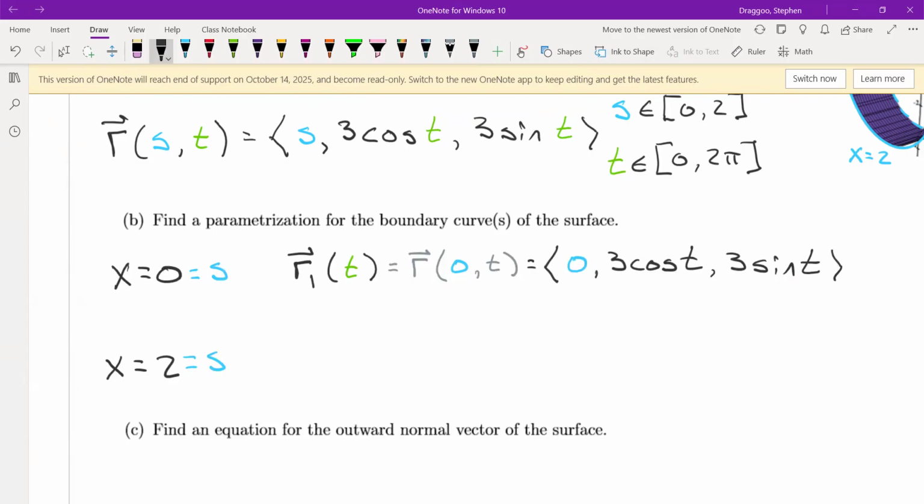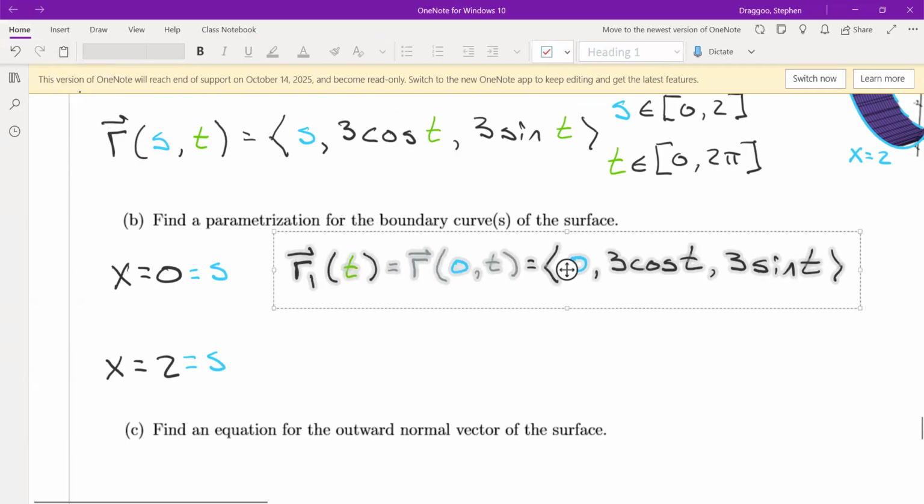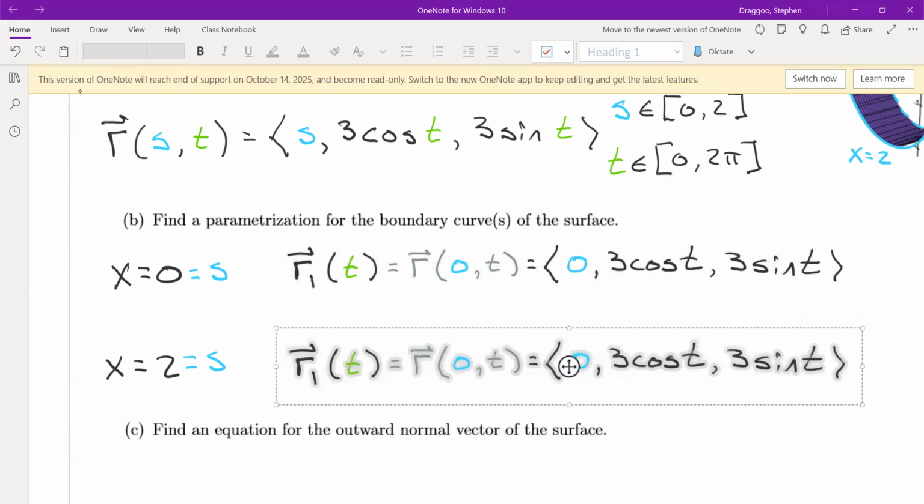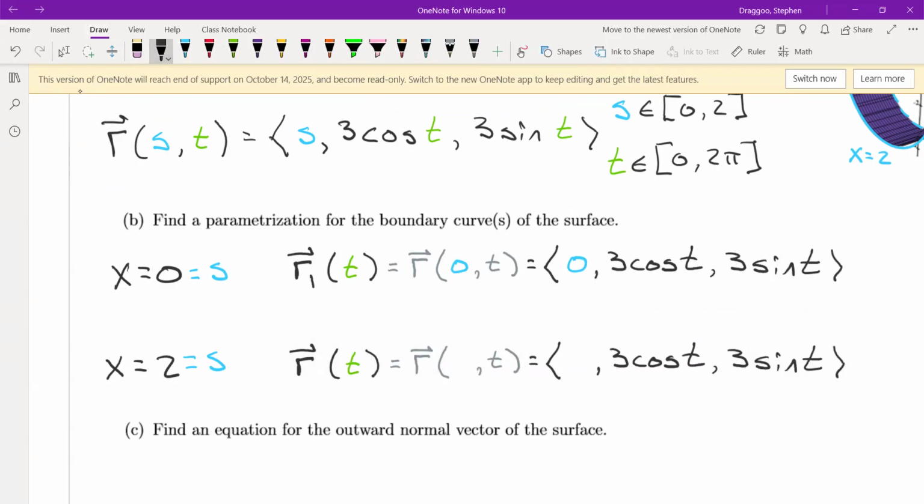And then for my second boundary curve, I'm going to use some technological magic to copy and paste my answer and change a few things. First off, I'm not plugging in 0 anymore, and also this isn't R1, but this is instead R2.